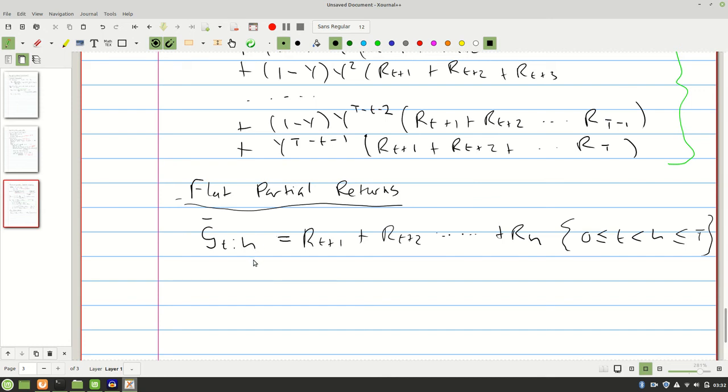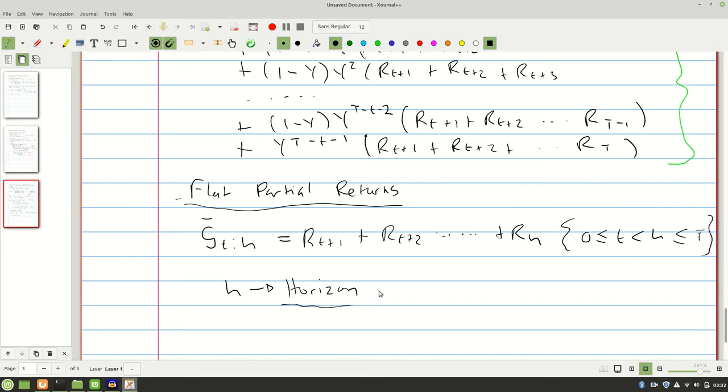We're saying flat because there's the absence of discounting, and partial denotes that these returns do not extend all the way. So this h is what we're calling the horizon.